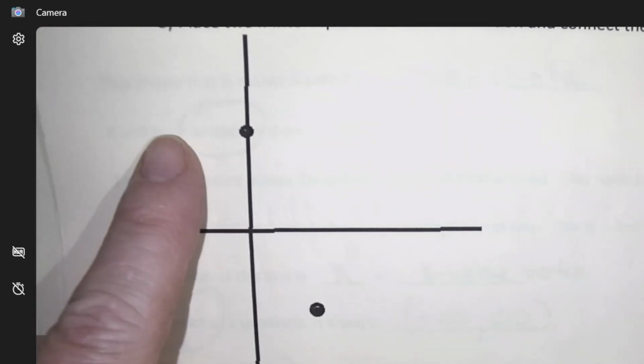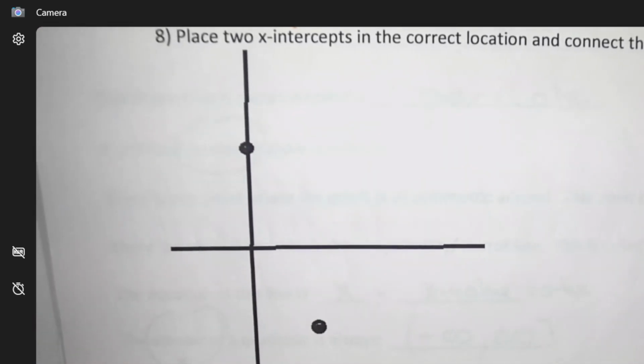Okay, if this was your y-intercept and this was your vertex, where would you have to put your x-intercepts so that it could fit like a puzzle? Where would you put your x-intercepts?